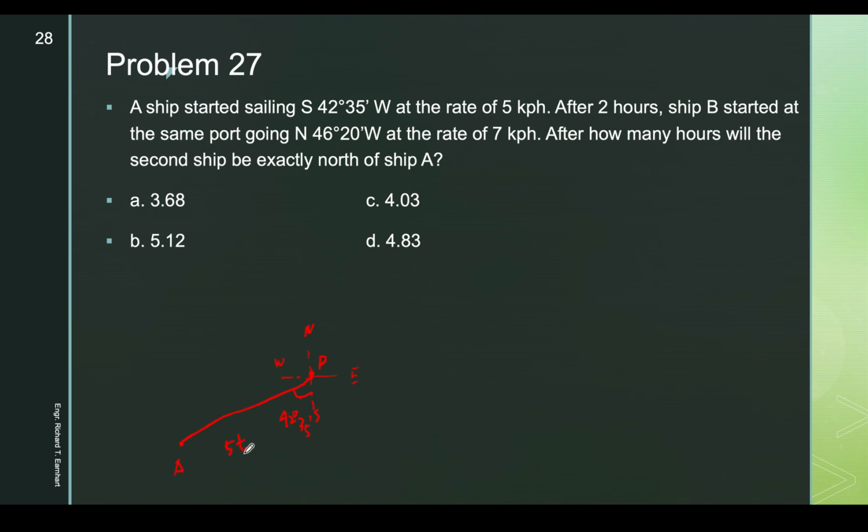So let's say the time is t, the travel time of ship A from point P to point A. Okay, and then ship B started after 2 hours, and it goes in this direction, west of north, until B is north of A. So this is the direction where B is north of A. So maybe somewhere here.